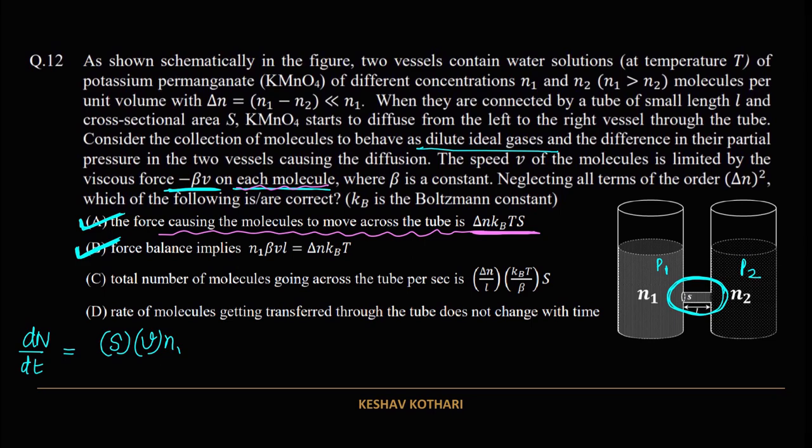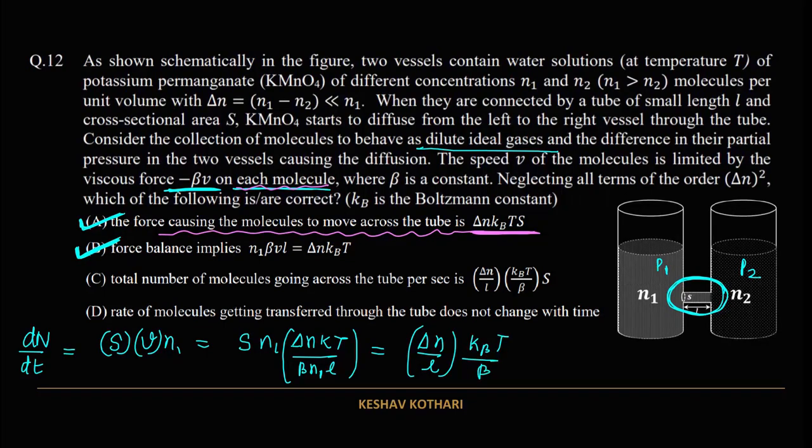So we can write this as equal to S n1 delta n kT upon beta n1 L. So we have equated this from the second expression, and we obtain delta n upon L KBT by beta into S. And hence I can say that this expression is also correct. The total number of molecules that is going across the tube per second is delta n by L KBT by beta into S.